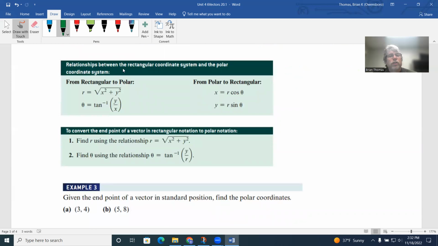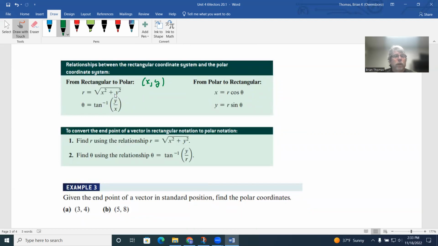So relationships between the rectangular system and the polar coordinate system: if I want to convert from rectangular to polar, in other words, I'm given an ordered pair x, y, what I can do is find r, which is kind of the magnitude of the vector, or they call the radius as well. So we have the square root of x squared plus y squared.